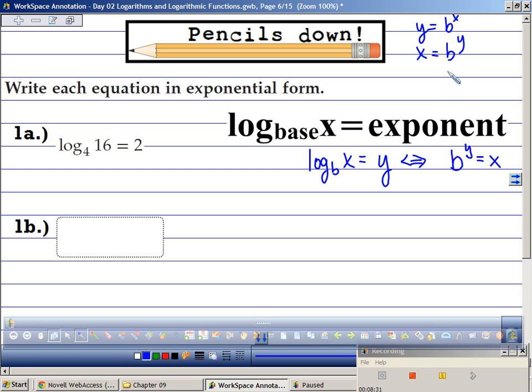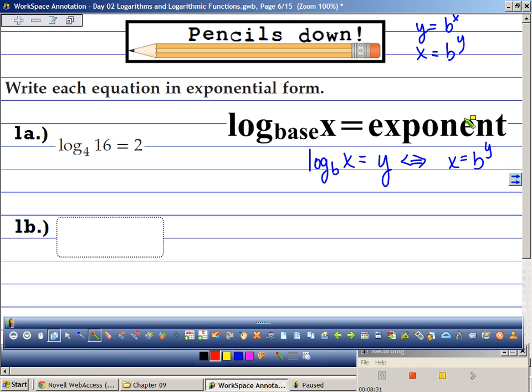Okay, have a seat. So, we'll rewrite this: x equals b to the y. So, here's your base. Here's your base. That's why we have base written here.